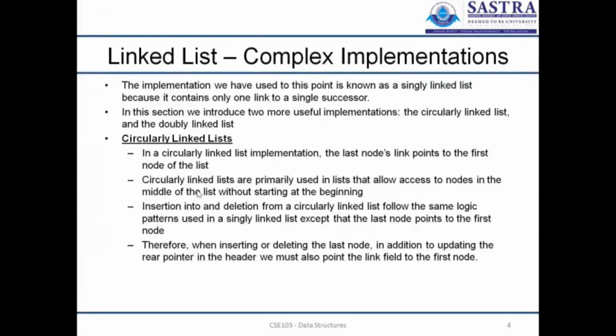Here we need to check whether the current node's next is the first node. Instead of null, we should check whether the current node's next is pointing to the head node. If it is so, that is the last node in the linked list. So this is what a circular linked list is.